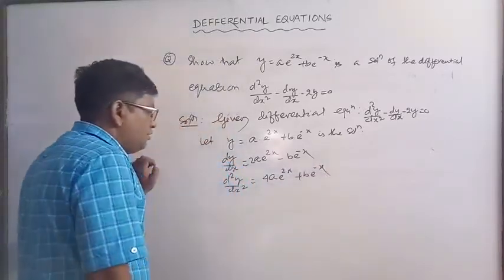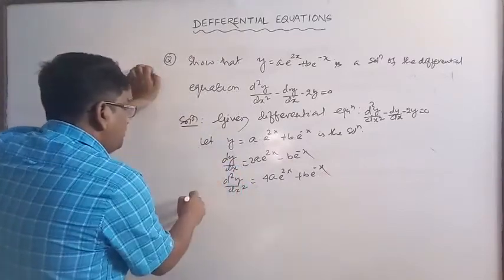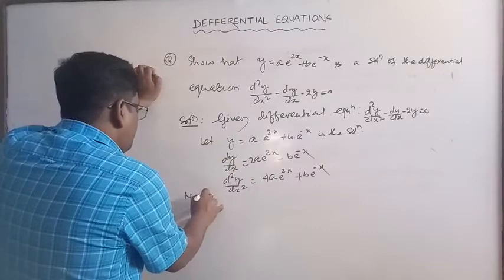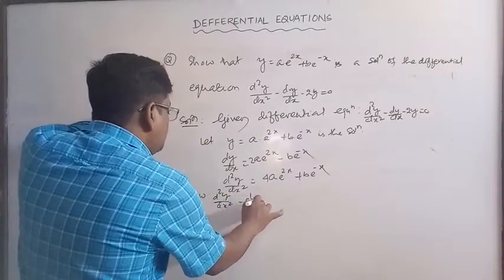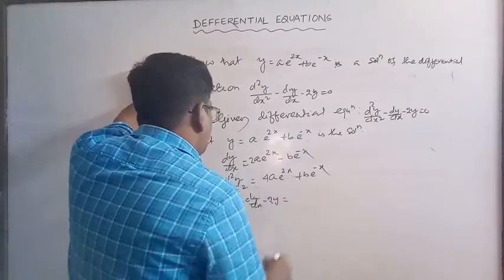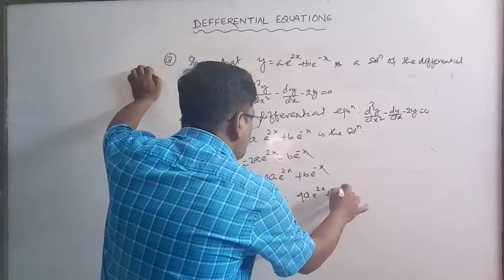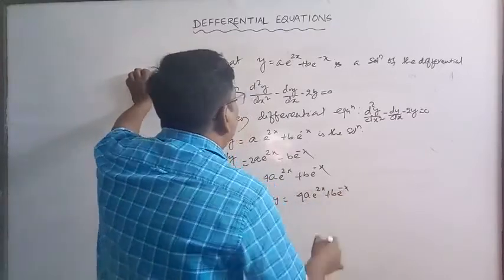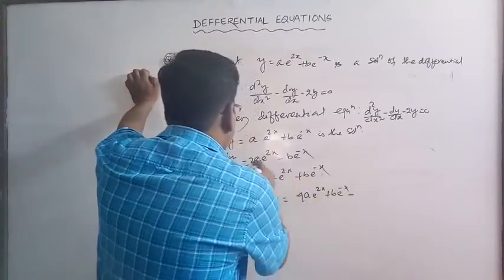Okay, now use this value. Now d square y by dx square minus dy by dx minus 2y, which is equal to what? 4a e to the 2x plus b into e to the minus x, then minus dy by dx. What is value of dy by dx?